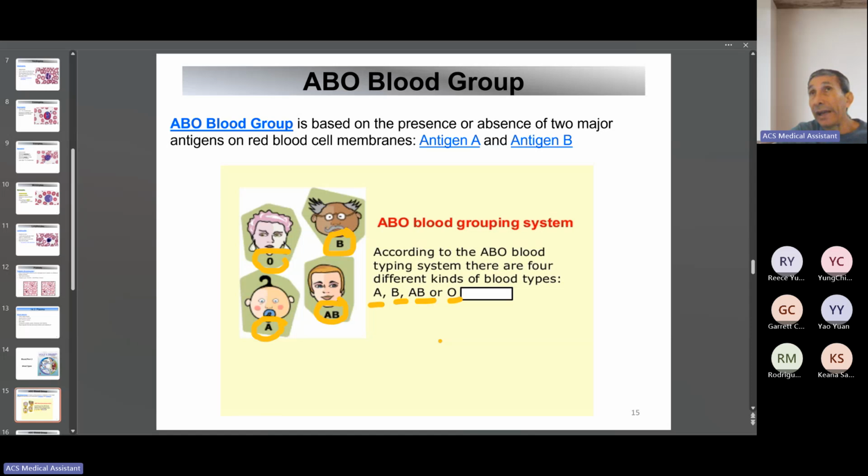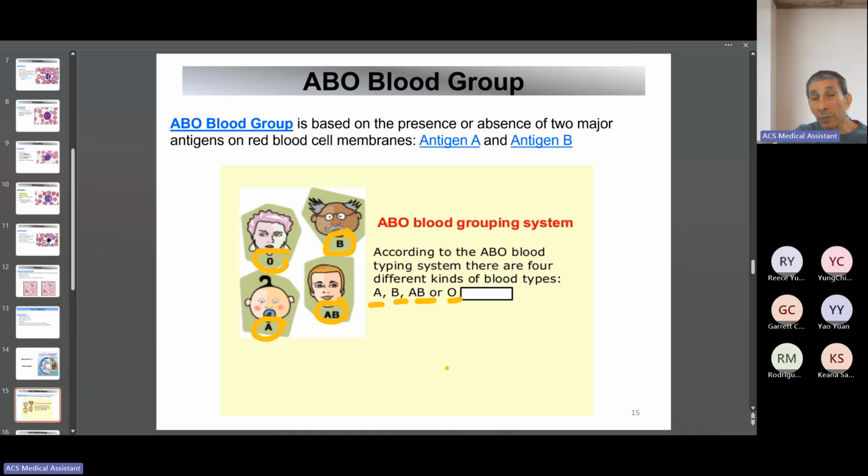Or you can have AB positive, AB negative. So we're going to talk about that as well. We are going to talk about these blood types, A, B, AB, and O. This is called the ABO blood typing system, remember.